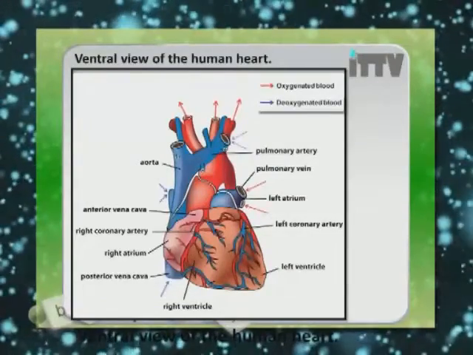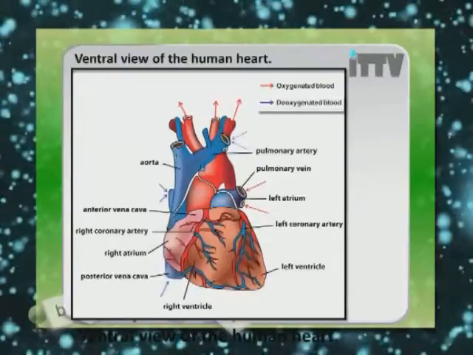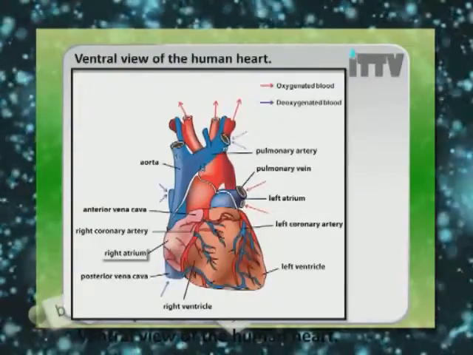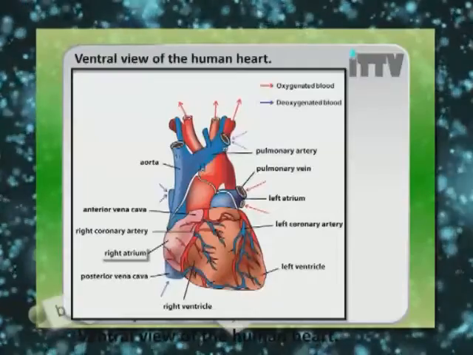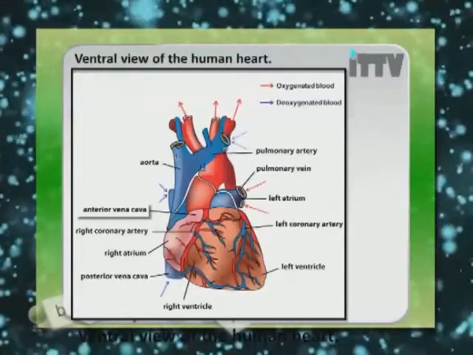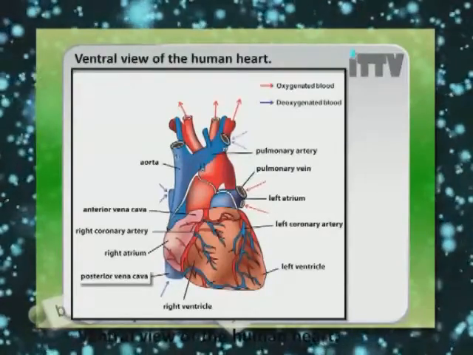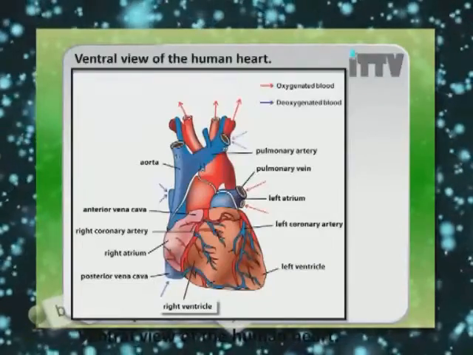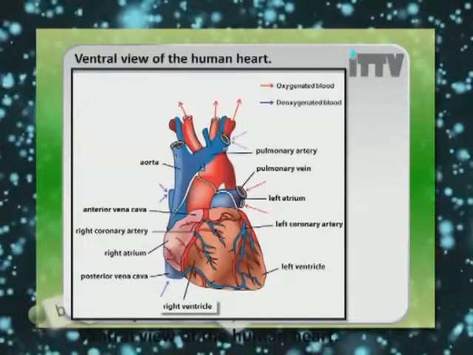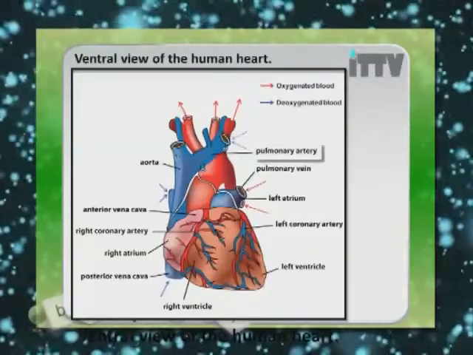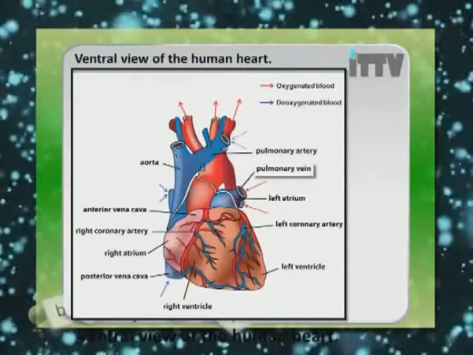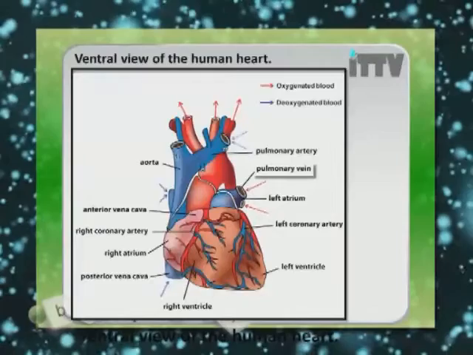While the blue arrows indicate the deoxygenated blood, which is received by the right atrium from the anterior vena cava and the posterior vena cava. The right ventricle then pumps the deoxygenated blood through the pulmonary artery back to the lungs to get it oxygenated.